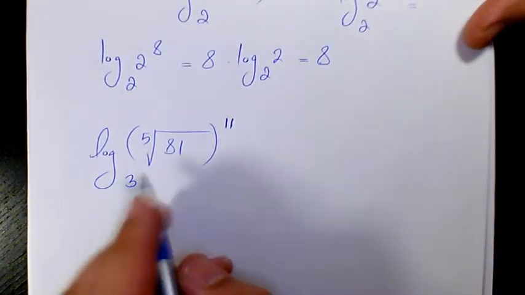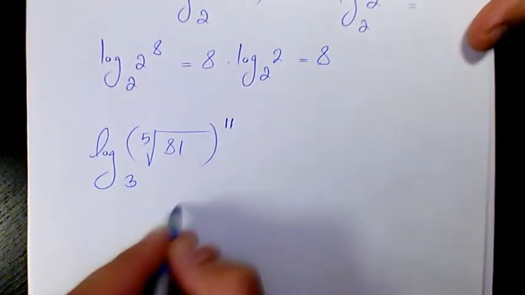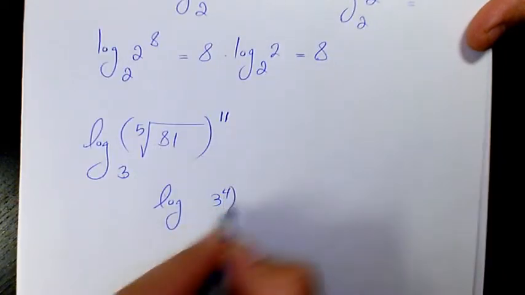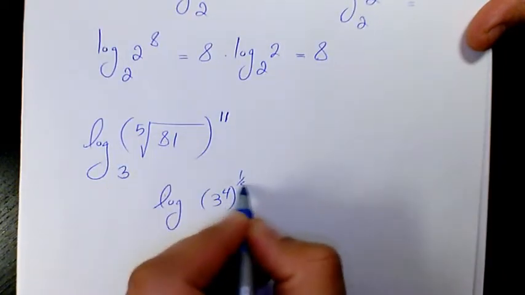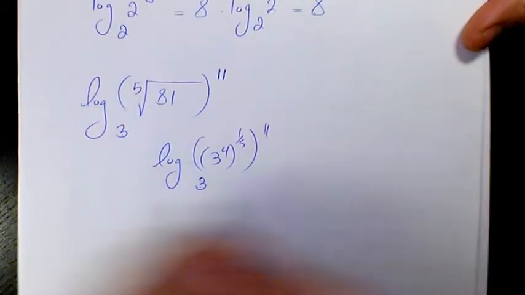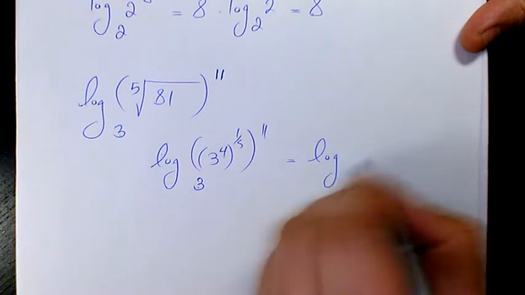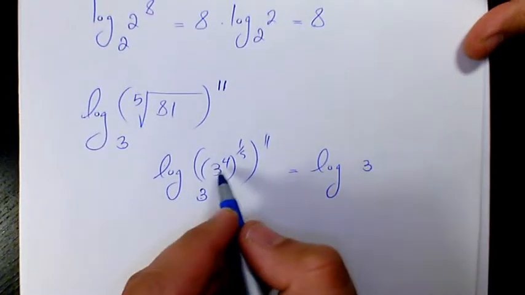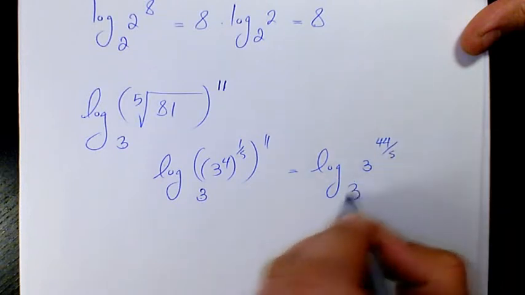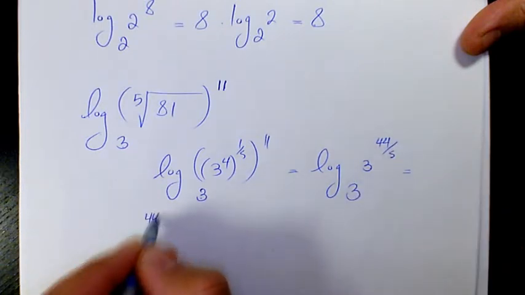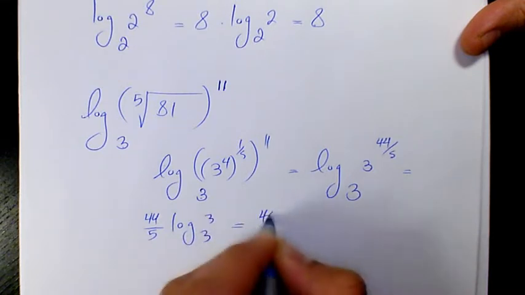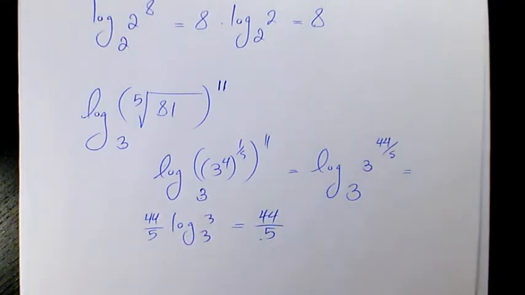In this case, I'm going to say log 81 is 3 to the power of 4, to the power of 1 over 5, to the power of 11, which is going to be log 3 to the power of 44 over 5 base 3, which is going to be 44 over 5 times log 3 base 3, and that's going to be 44 over 5.